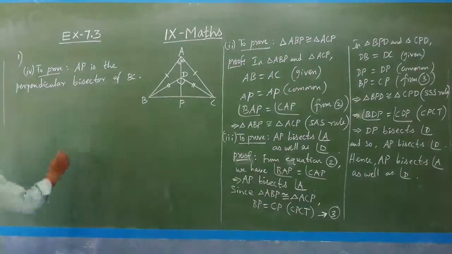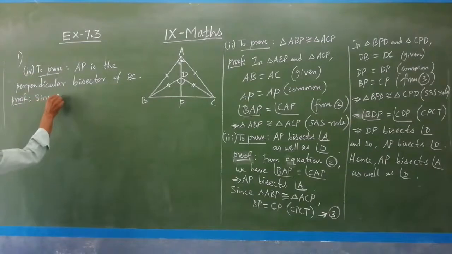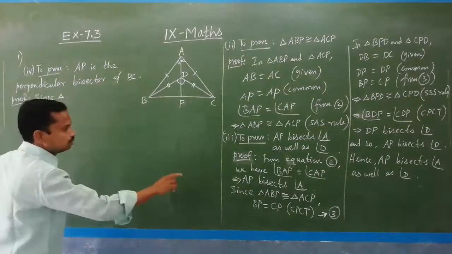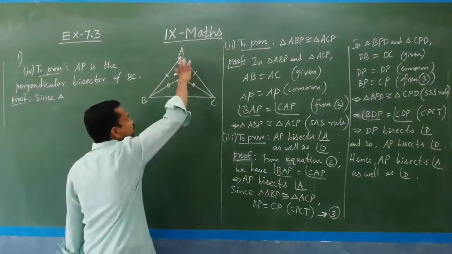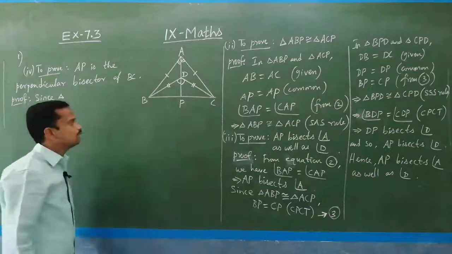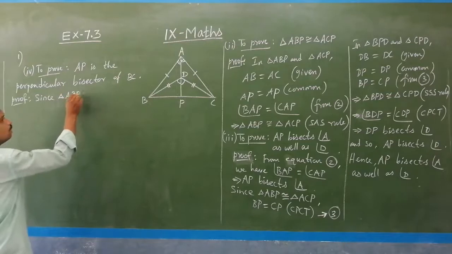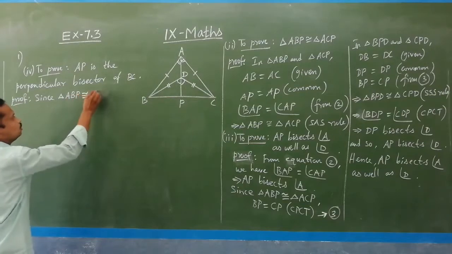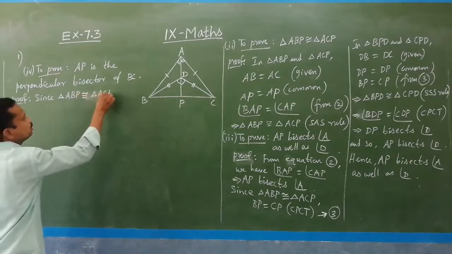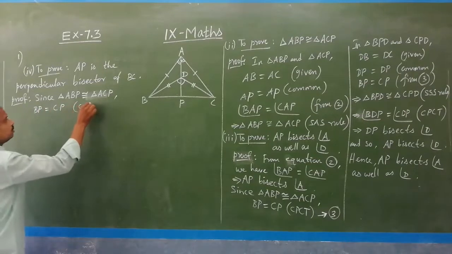So we can take in the proof part that since triangles ABP and ACP, because AP makes two triangles, are congruent, which we have already proved, we have BP equal to CP, that is also by CPCT.